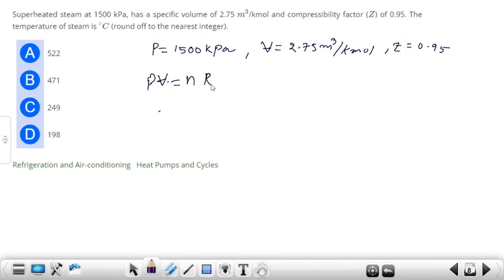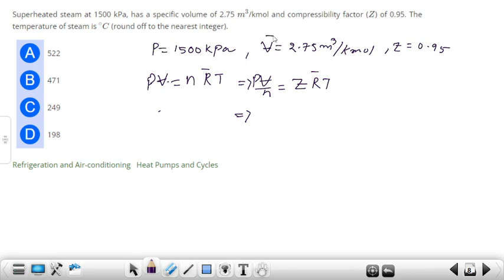P V is equal to n Z R T, so P by n is equal to Z R T, where Z is the compressibility factor in the case of a real gas.